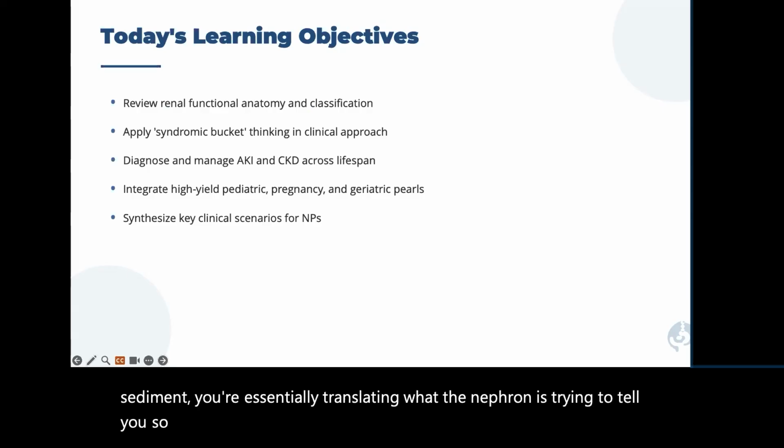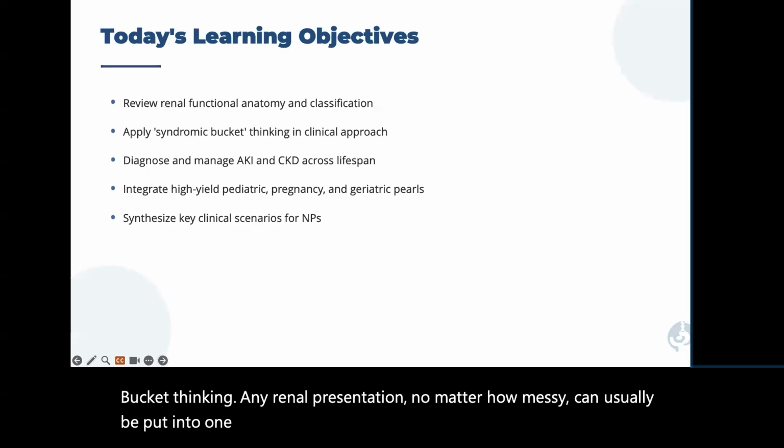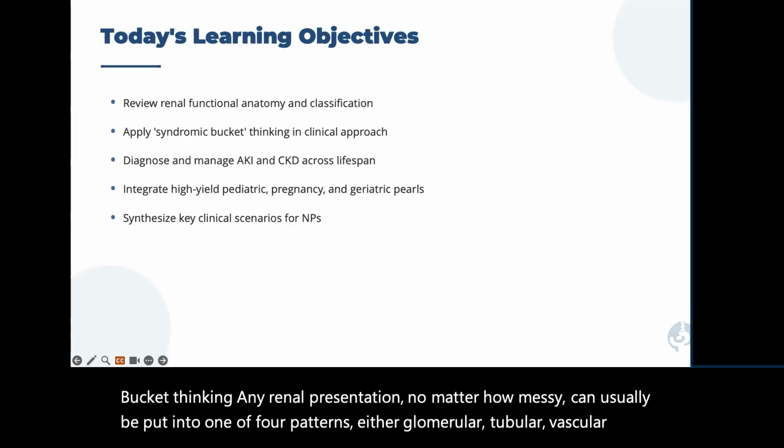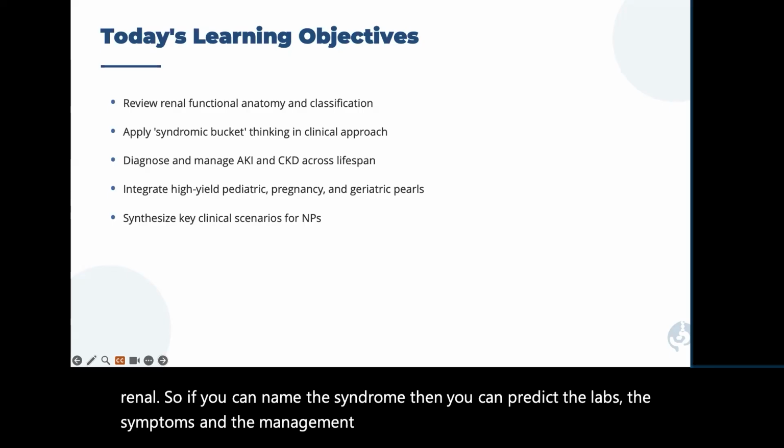So we're going to practice some syndromic bucket thinking. Any renal presentation, no matter how messy, can usually be put into one of four patterns: either glomerular, tubular, vascular, or postrenal. So if you can name the syndrome, then you can predict the labs, the symptoms, and the management priorities as we move through this.